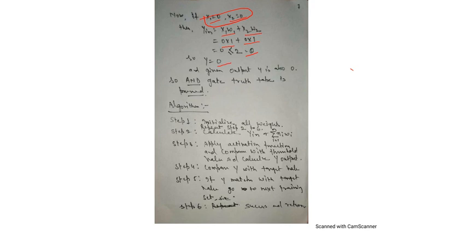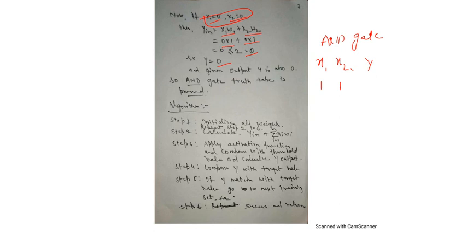Okay. Now if you can imagine what happens in the AND gate. AND gate, x1, x2 and y. If x1 and x2 are 1 and 1, what will be the output of the AND gate?